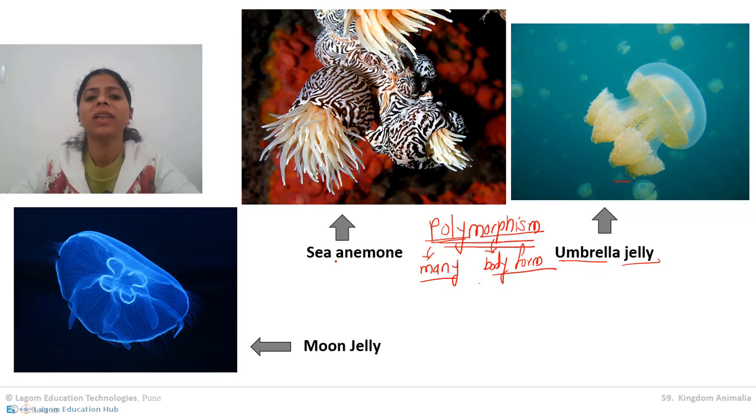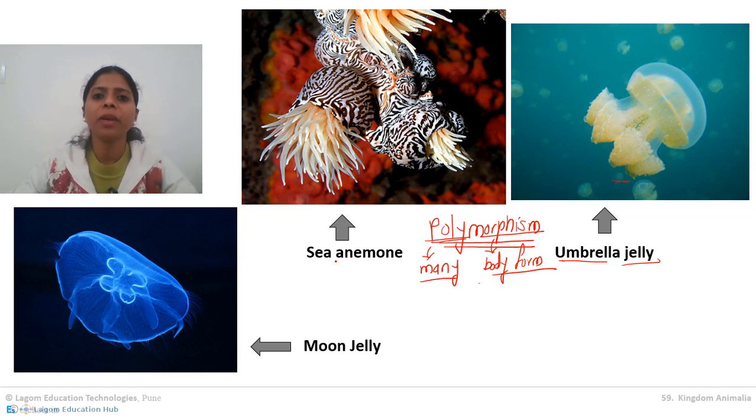So for reproduction, they do something a little different. At some stage of their life, at some period of the year, generally just before spring arrives, all the colony of corals will undergo budding, that is, asexual reproduction.